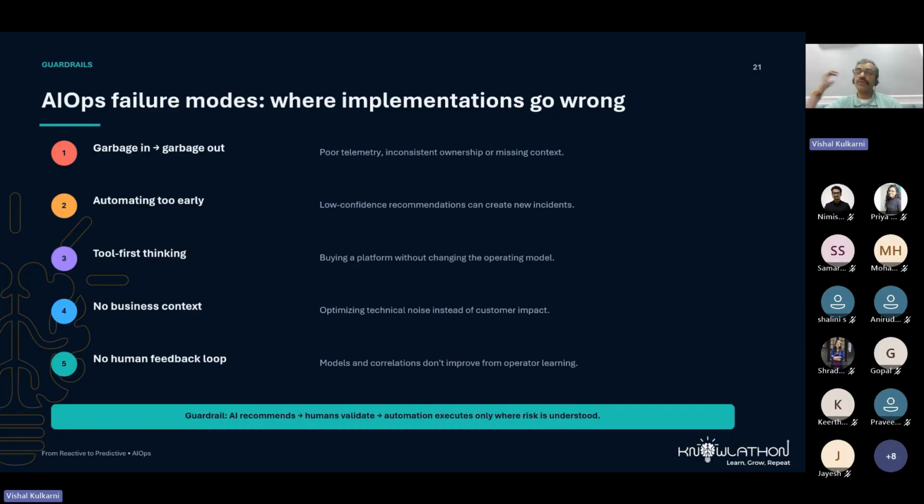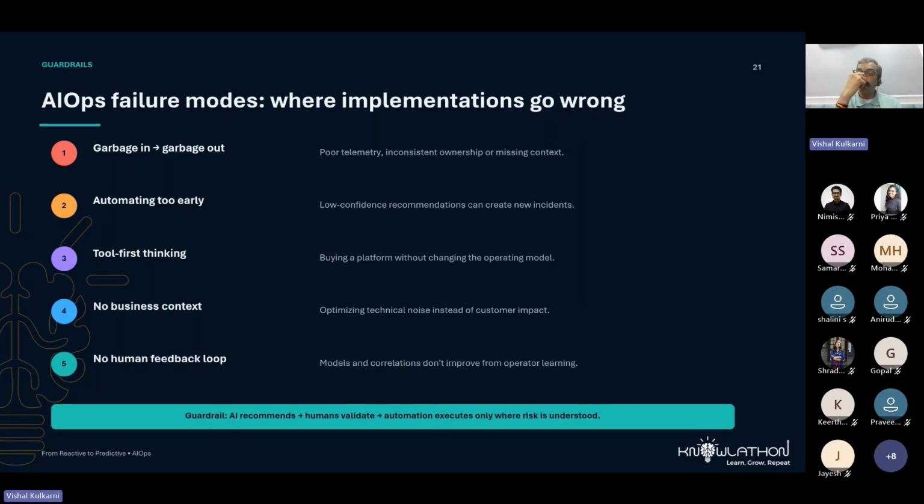Automating too early: we are automating too early without fixing our bad processes first. Tool first thinking, and this is a common problem across organizations, right? No business context, wherein we are optimizing technical noise instead of customer impact. We are paying attention to different contexts. No human feedback loop, right?